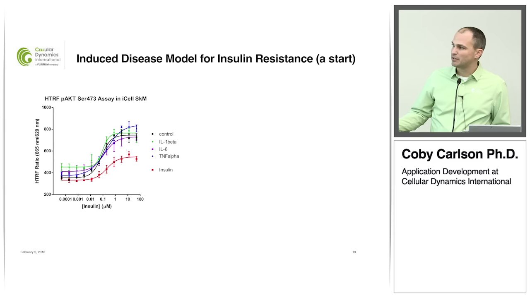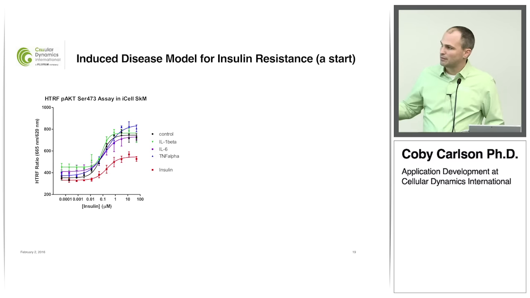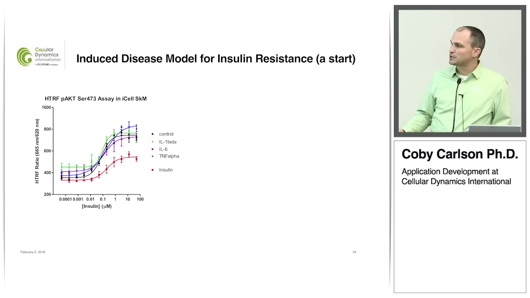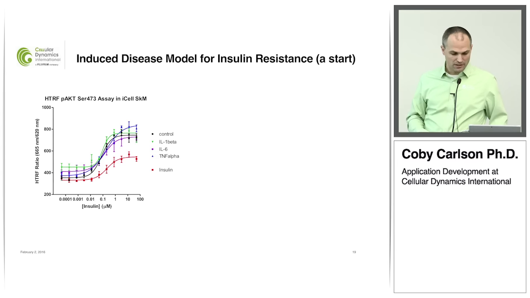I don't have the EC50 values on here, I must have cut it off, but it's, I don't know, a 5-fold shift or something like that to the right, which is okay. And what's actually nice, I thought, about this was that it didn't just cause an increase in background. Really, the lower level of phosphorylation was similar. So treating the cells with insulin had some effect on this insulin resistance.